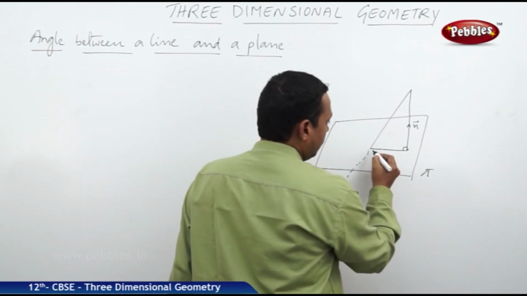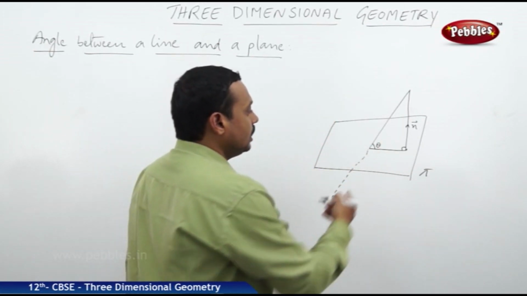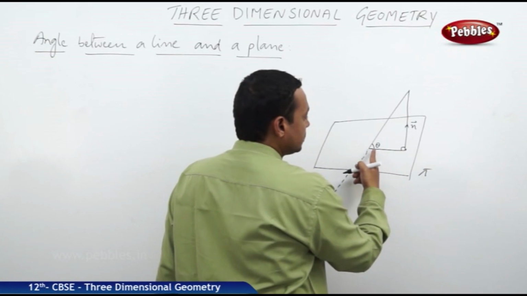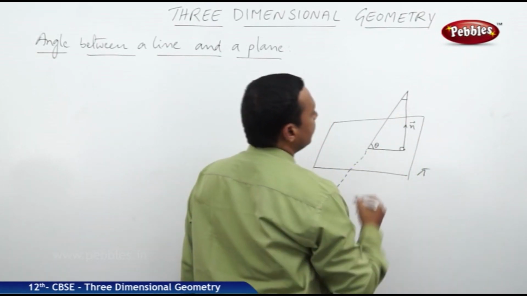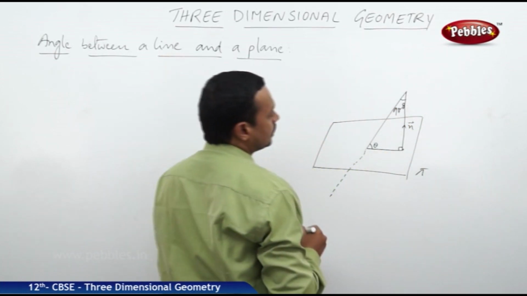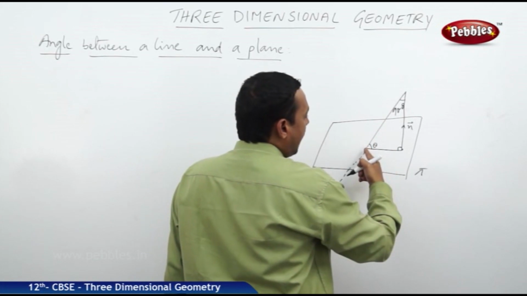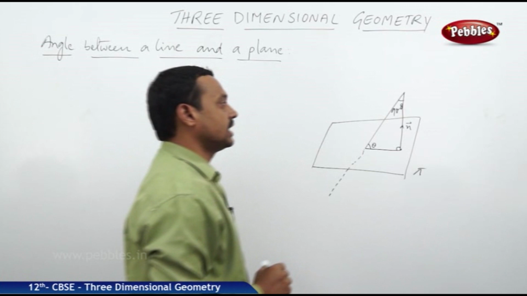Let this angle be theta, and this is 90 degrees. Then what will be this angle? It is 90 minus theta. So the angle between the line and the normal of the plane is 90 minus theta.